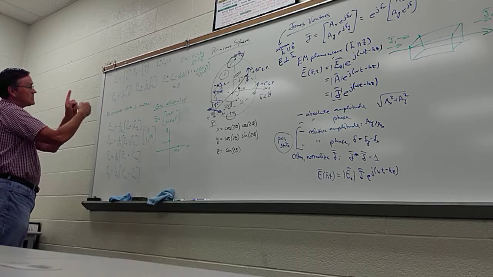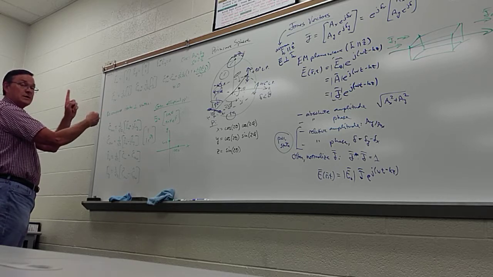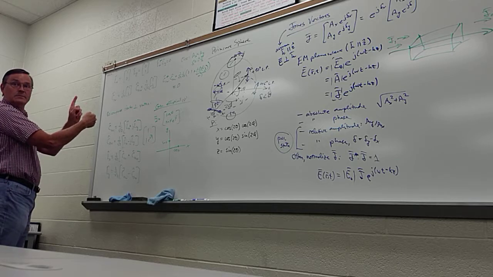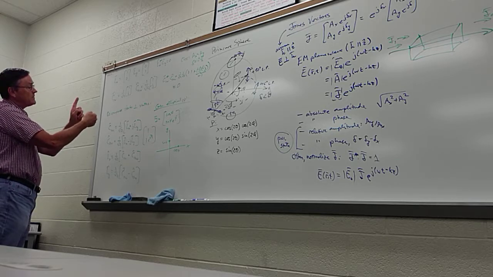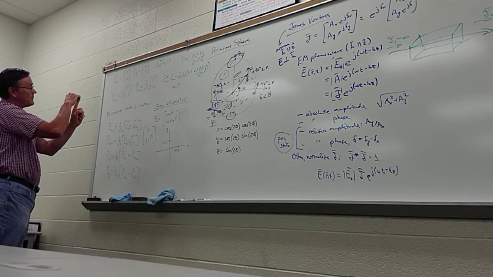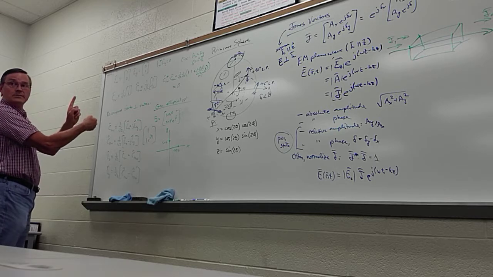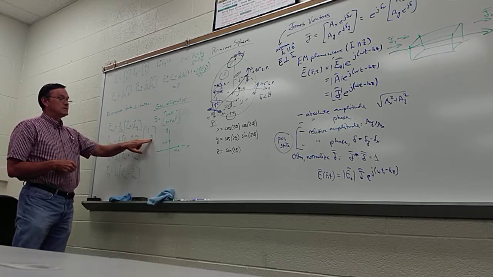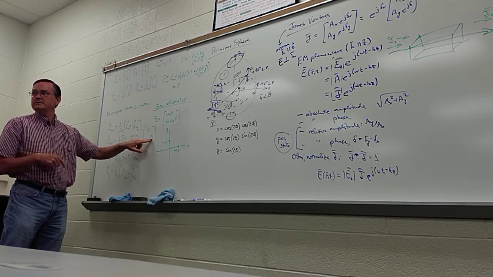So as that propagates towards me, what happens? First I see the y component, then I see the x component. So that means that the electric field vector has to rotate from here down over here. The sense of that rotation is what? Clockwise. And when delta is greater than 0, the sense of rotation is clockwise.